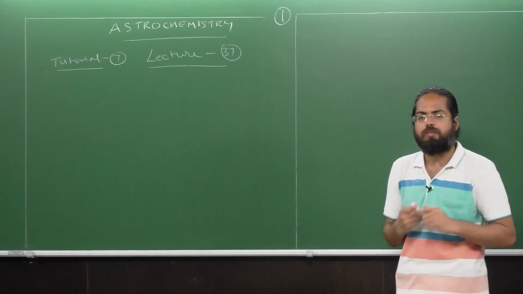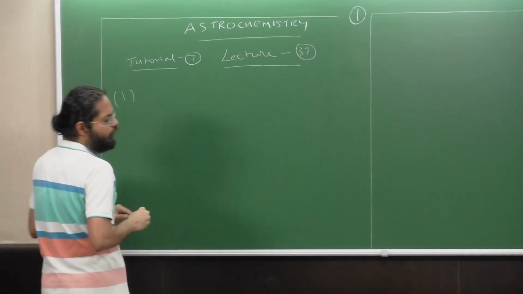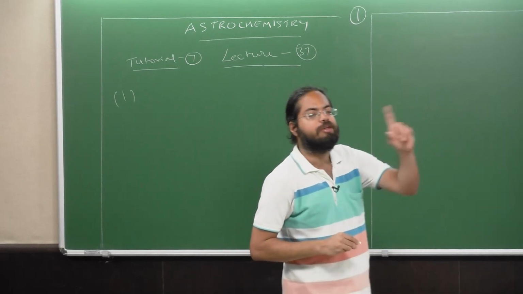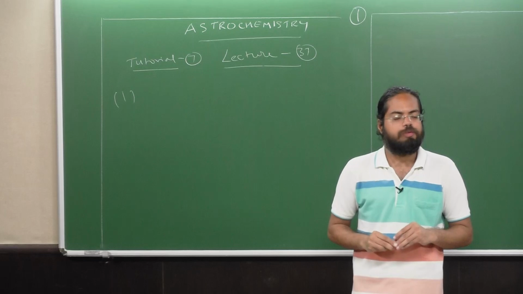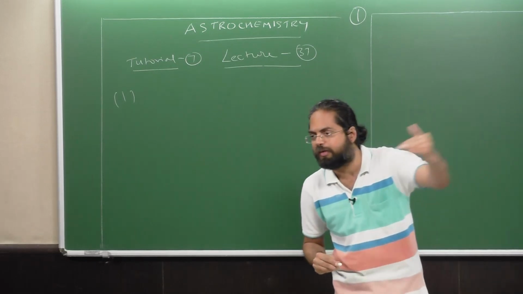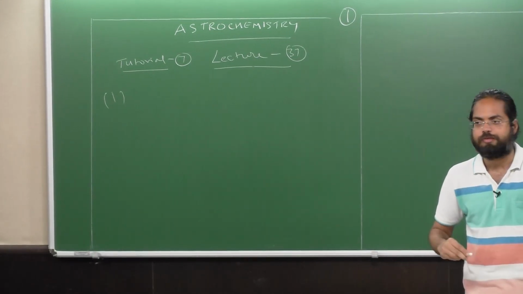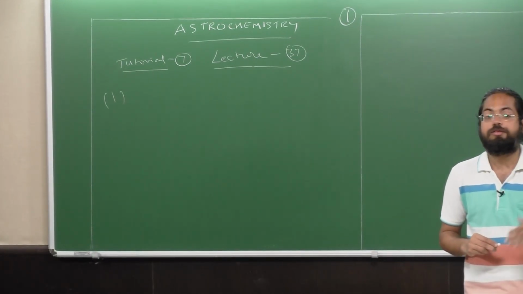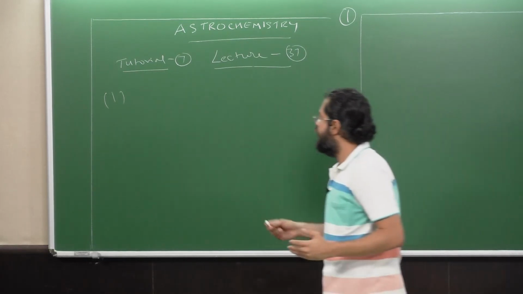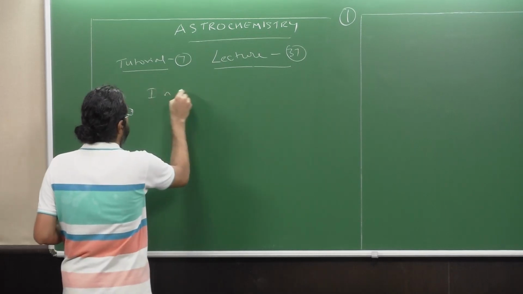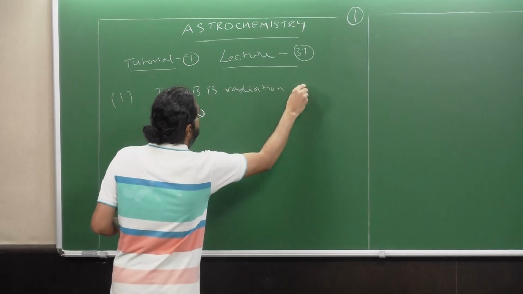Now, to begin with, the first question for today is going to be based on the idea of units and dimensions. Recall that in the black body radiation, we were plotting something on the x-axis and something on the y-axis. What is being plotted on the x-axis? Is it frequency or wavelength? It's frequency, correct? So in black body radiation, the x-axis is frequency.